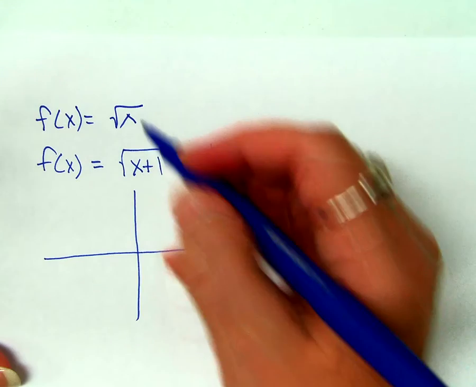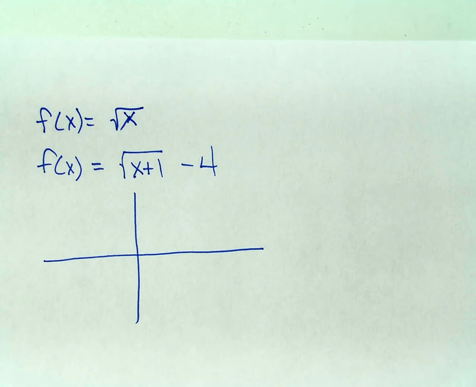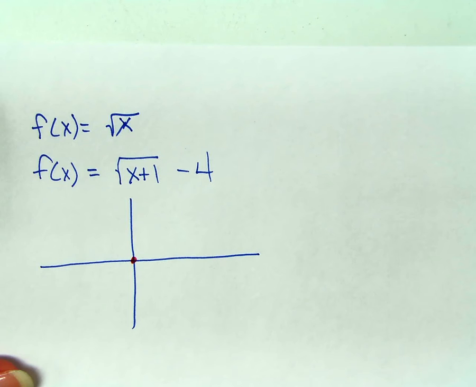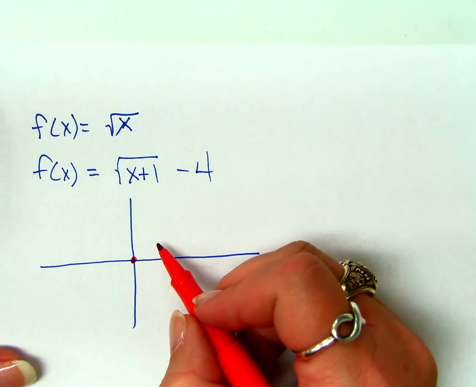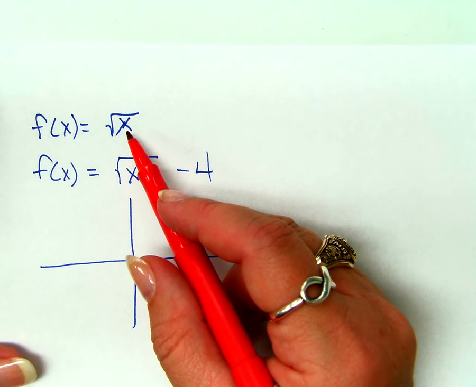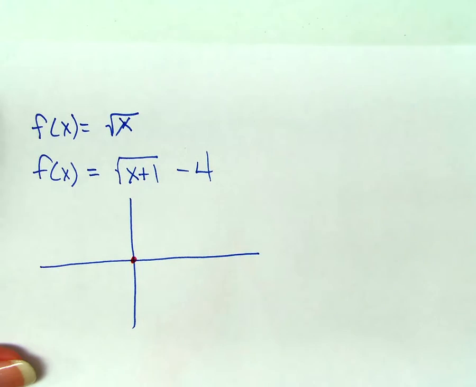What if x was 0? What's y? 0. Okay, so we know it's at the origin. What if x is 1? What's y? It's 1. Does anybody know what the square root of 1 is? Yeah, it's just 1, right? You okay with that?